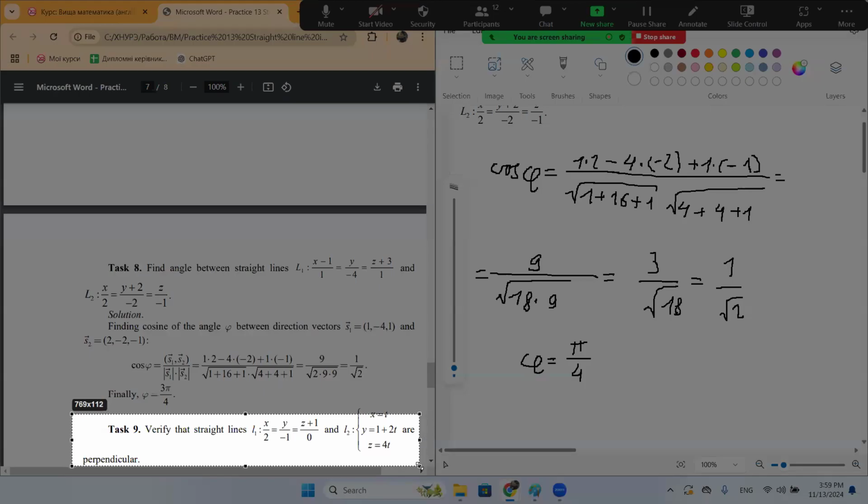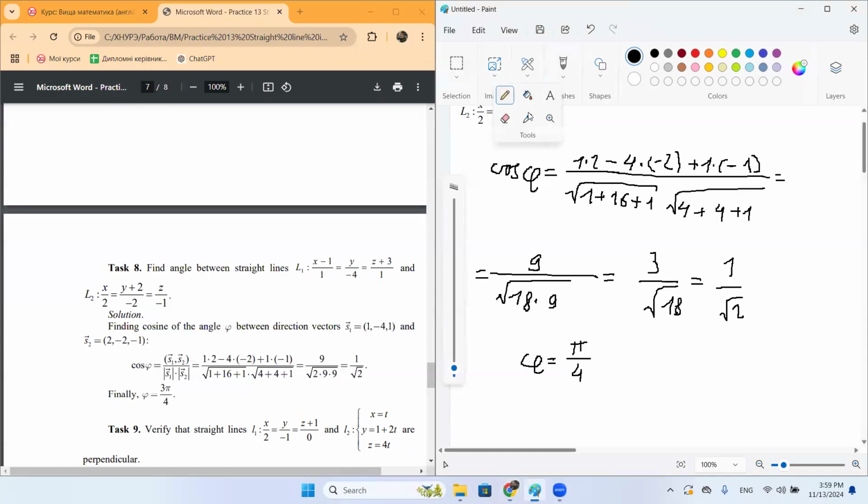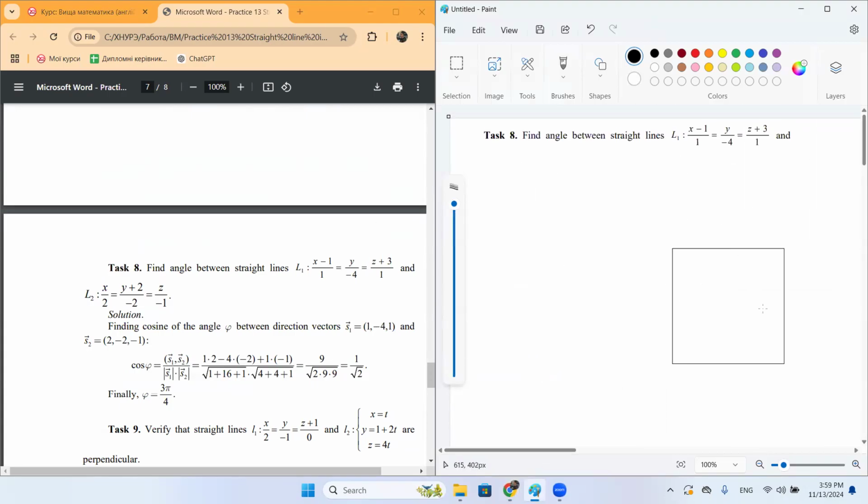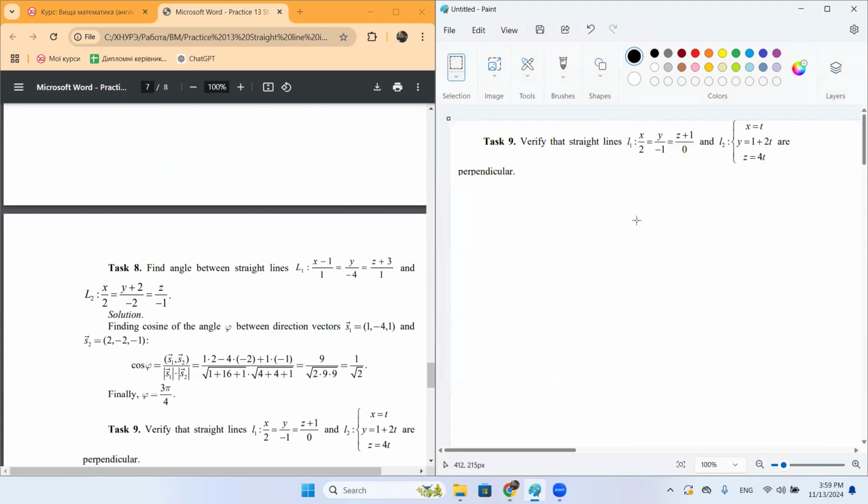So what do you remember, how to check if straight lines are perpendicular? If their cross product equals 0. Not cross product, the scalar product of direction vectors is 0.